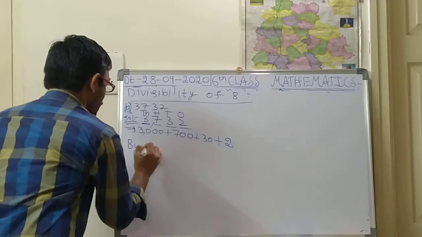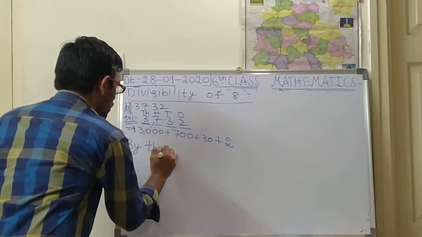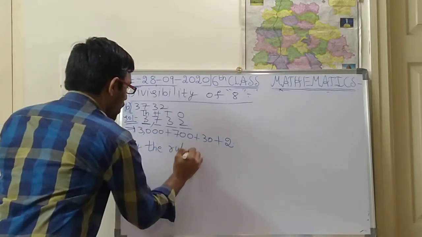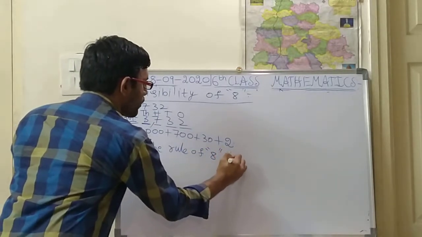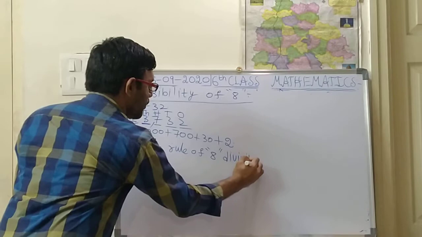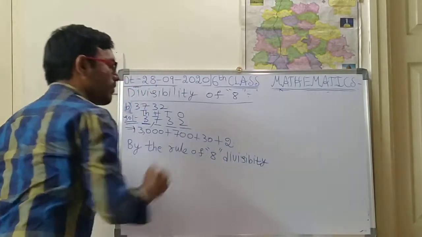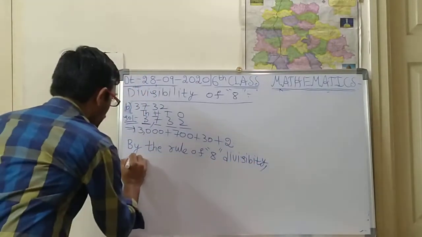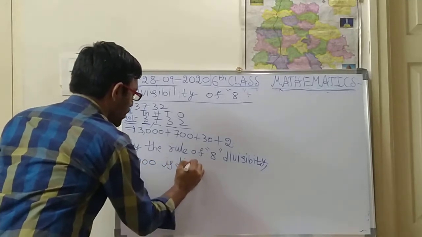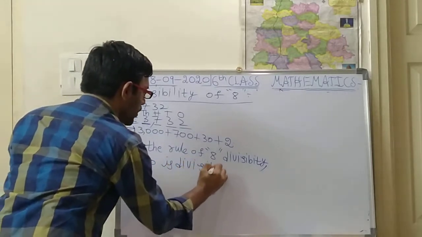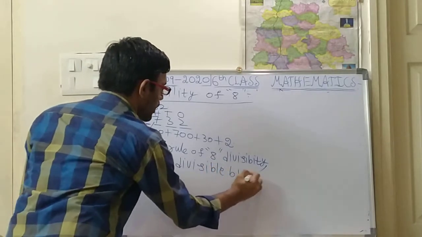By the rule of 8 divisibility, 3000 is divisible by 8.